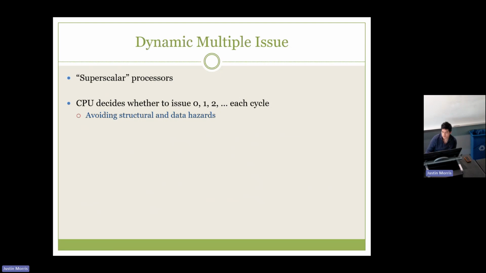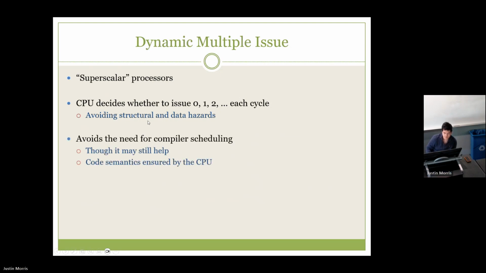And it's just going to make this decision based on avoiding these structural and data hazards. So this avoids the need for compiler scheduling, but it still may help to have compiler scheduling. And then the correctness of the code is ensured by the CPU compiler.